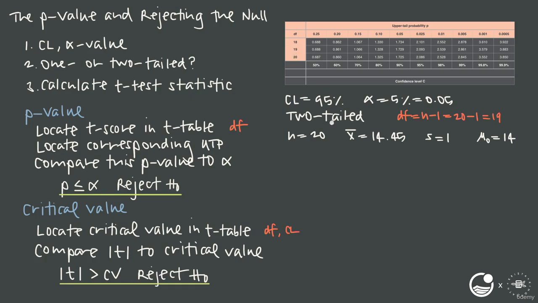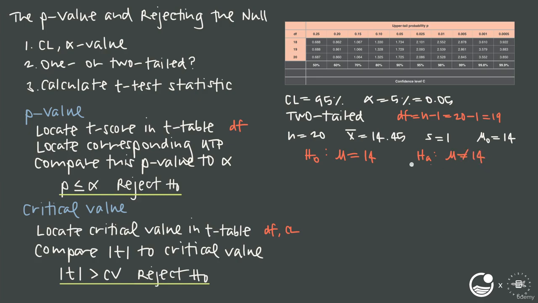So to go back to the beginning here, what we're saying is that we are running a two-tailed test. We've decided to run a two-tailed test because we're not sure about the directionality of our hypothesis statements, which means by definition that the null hypothesis has to be that the population mean is equal to our hypothesized value, and we're going to say that the hypothesized value here is 14. That means that our alternative hypothesis is that the population mean is not equal to 14.